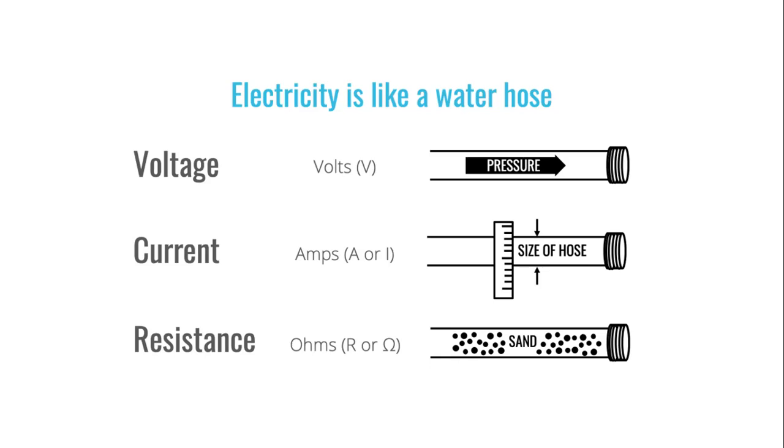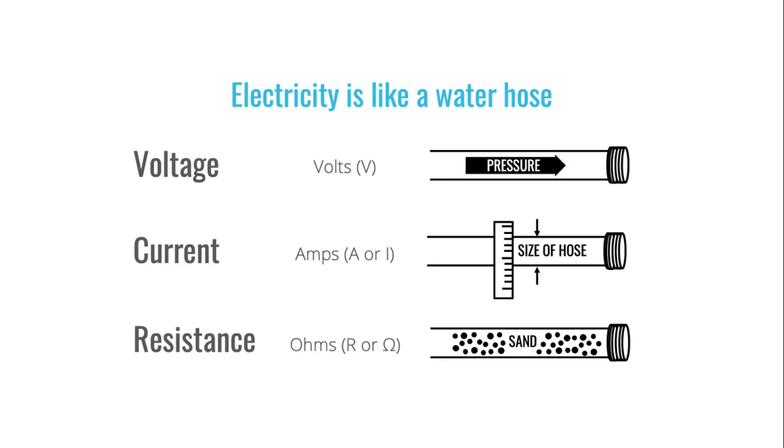If there is sand, particles, or small pebbles in the water pipe, the water will not flow to its maximum. So that is comparable with resistance. The voltage unit, I repeat, is volts. Current is measured in amperes. Resistance is measured in ohms.